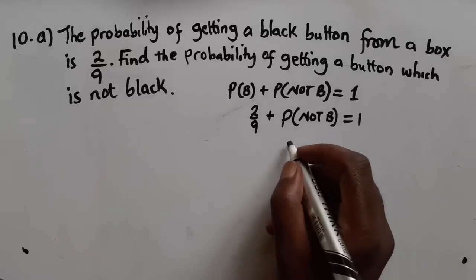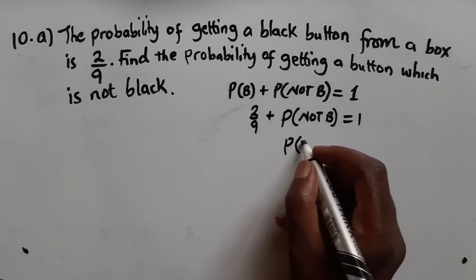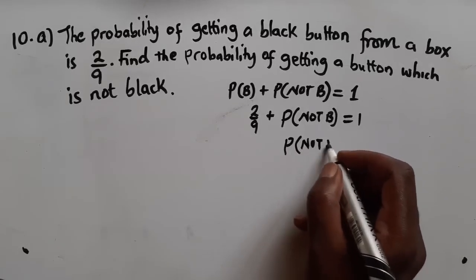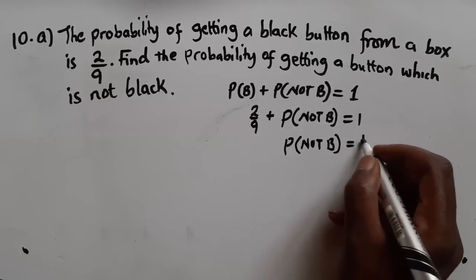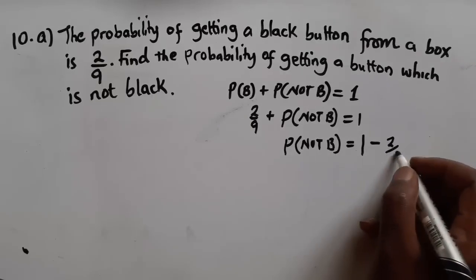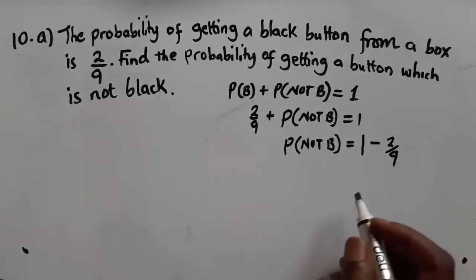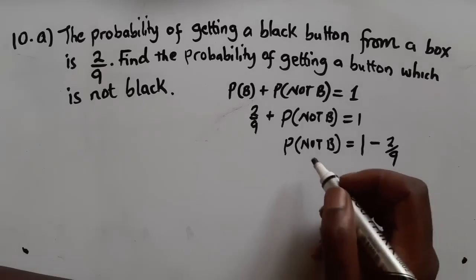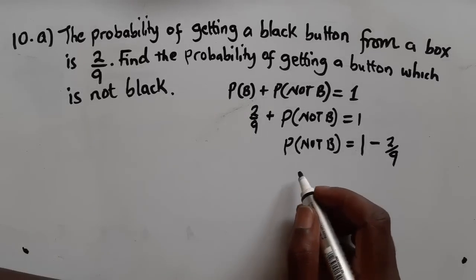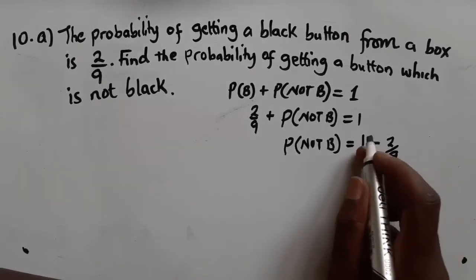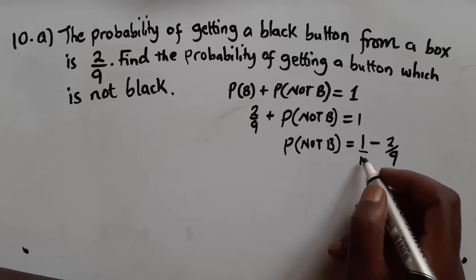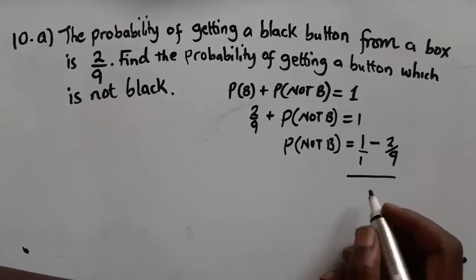You know this is very simple. The probability of a button which is not black is going to be 1 minus 2/9. How do we solve this fraction? I'm sure you know that, but let me take it that you have issues.